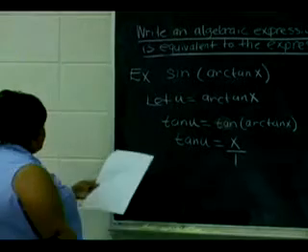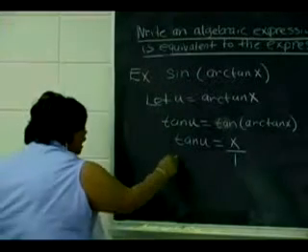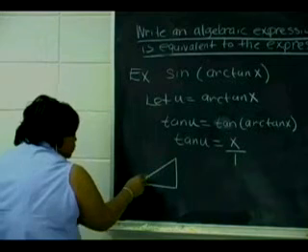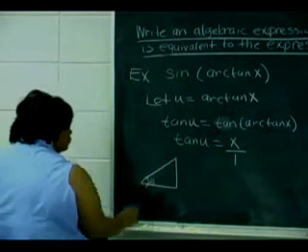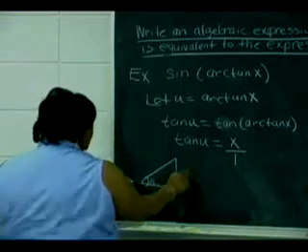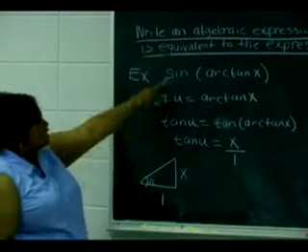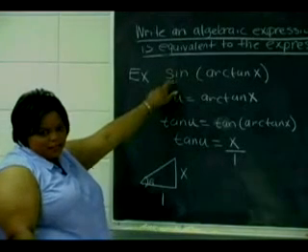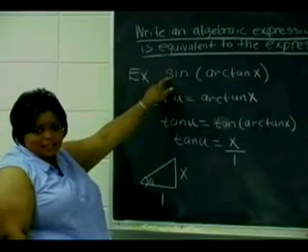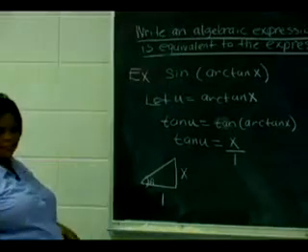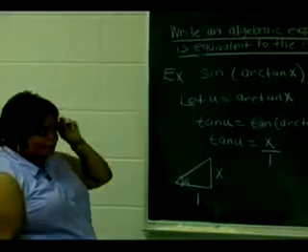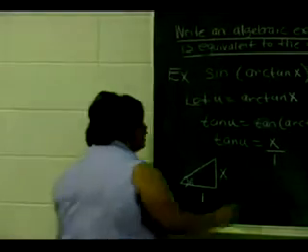Because when I go over here and I draw my triangle, tangent is what? Opposite over adjacent. And I need to find what? Because I need sine, I need what? Opposite over hypotenuse. I need to find hypotenuse. And what is hypotenuse?